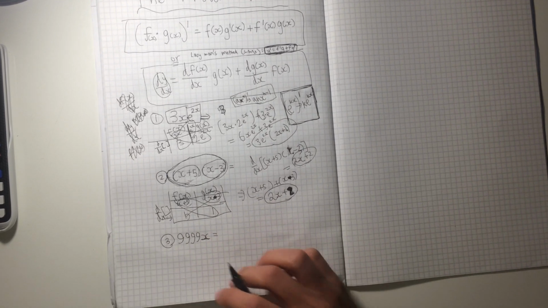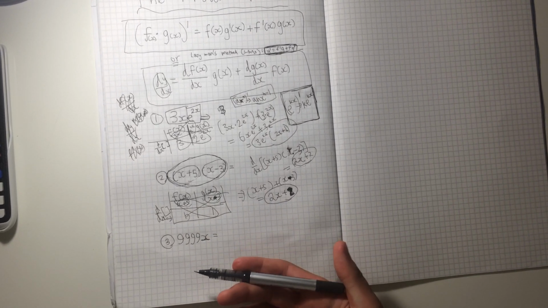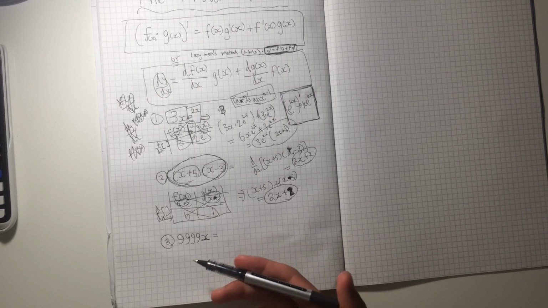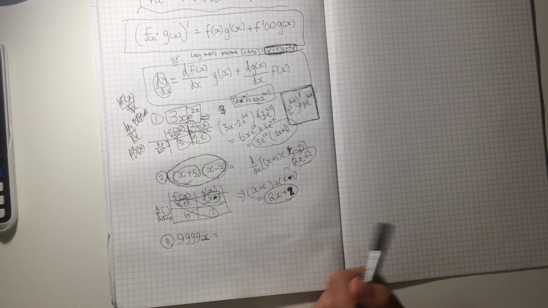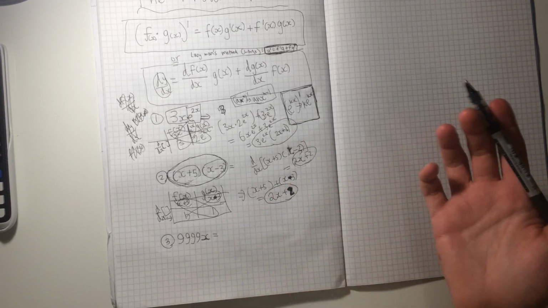And now to the last one, which is really easy. Really, you don't need any product rule here. You can just remove the x and that's your answer. But I'm just going to show you that it applies to every product where you have two functions.